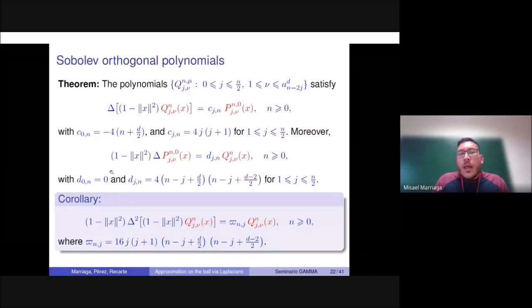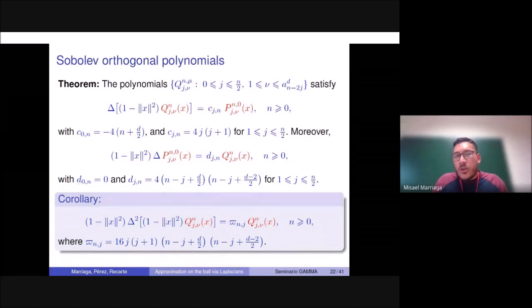Okay. It happens that whenever you commute this factor with the Laplacian, okay, and you apply it to the classical basis, you will recover the Sobolev basis in this form. Okay, but in this case, not all of the coefficients that appear are going to be different than zero. Here, some of them are going to be equal to zero.